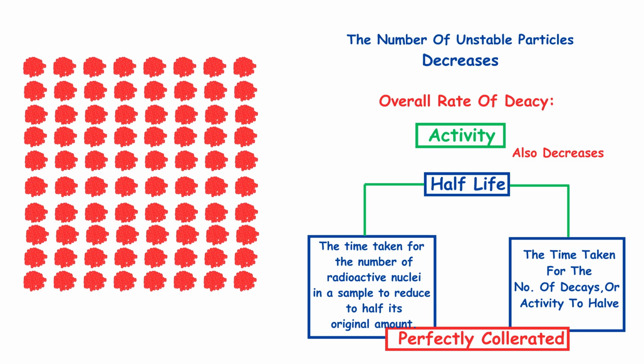This understanding leads us to the clear conclusion that half-life can be used to describe either the time it takes for the number of remaining radioactive nuclei to be reduced by half, or the time it takes for the activity to decrease by 50%, and both of these interpretations are directly connected since fewer radioactive atoms will always result in a lower activity.